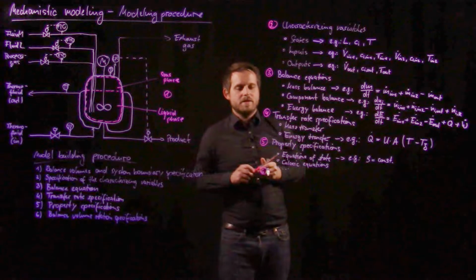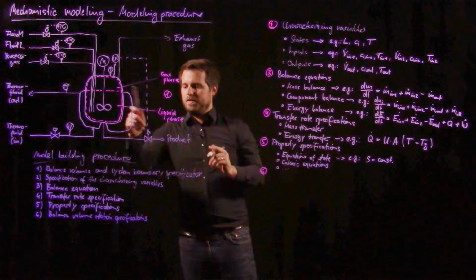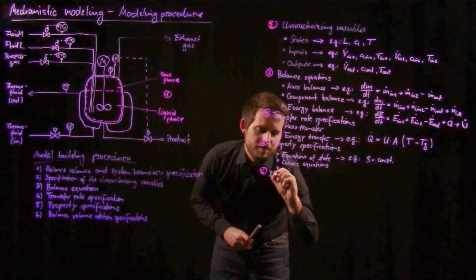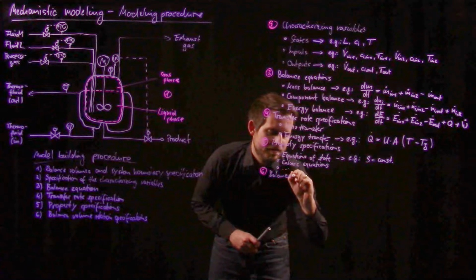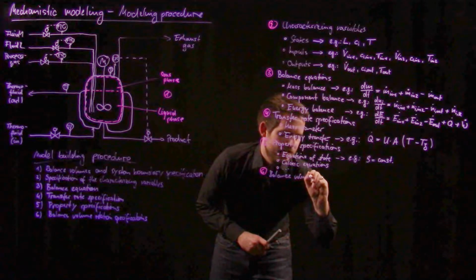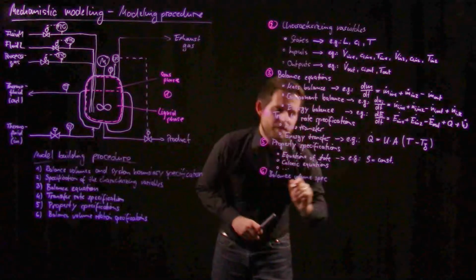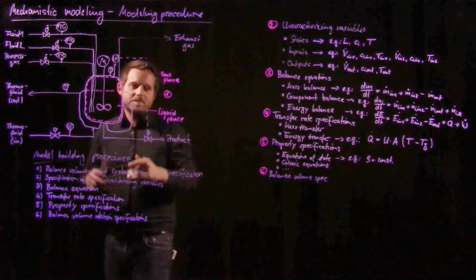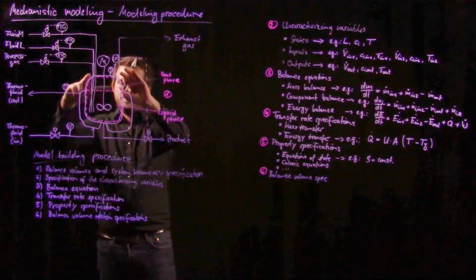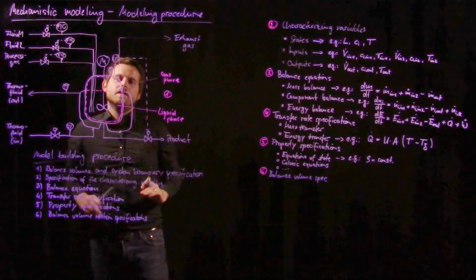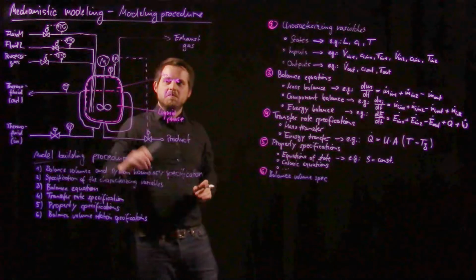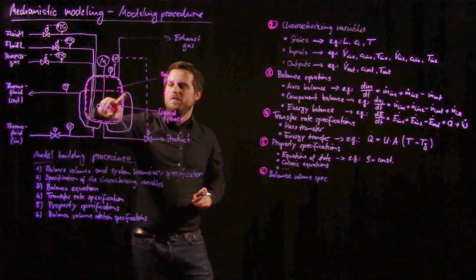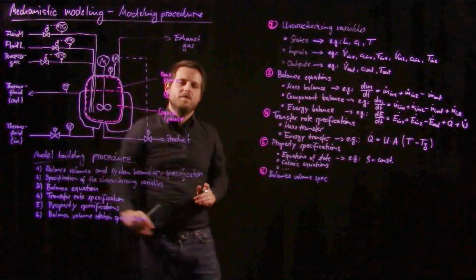And for our example, this would mean that the overall volume of the reactor has to relate to the balance volumes of both phases.